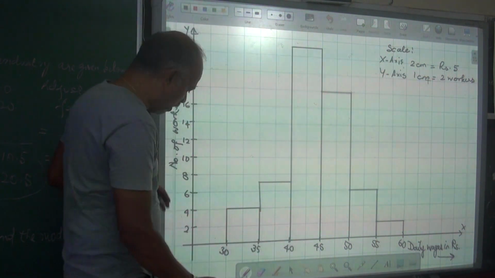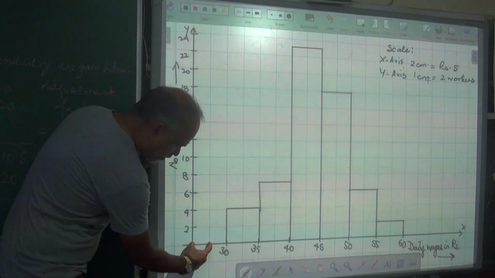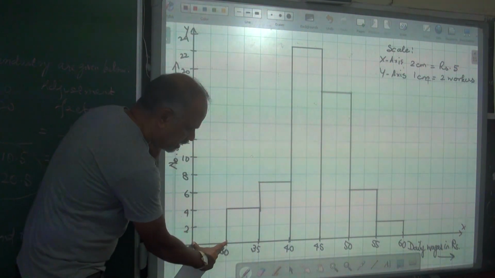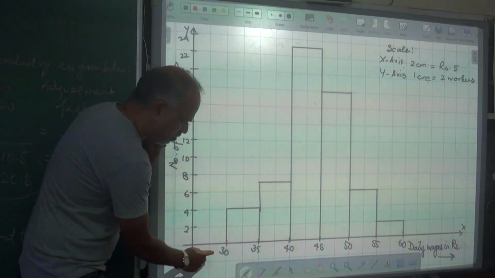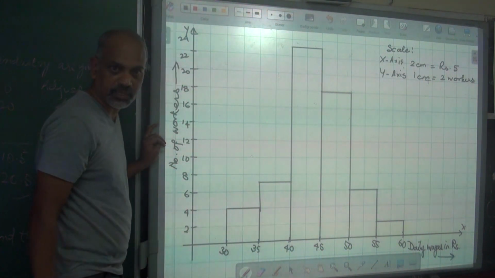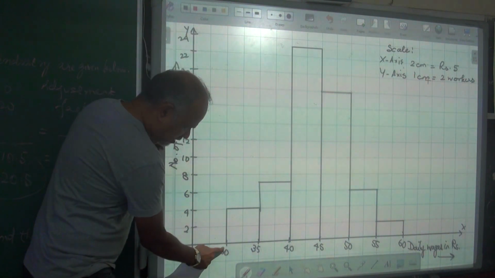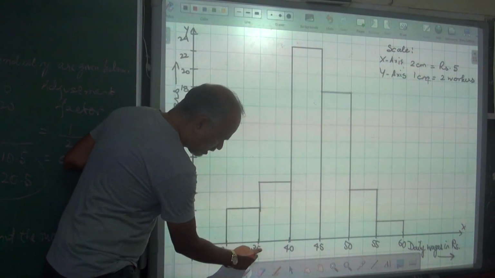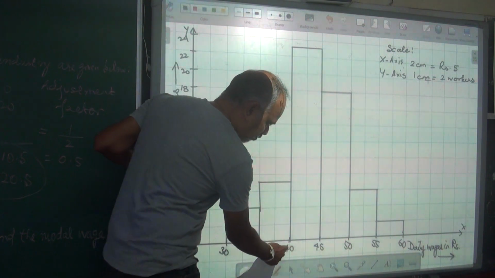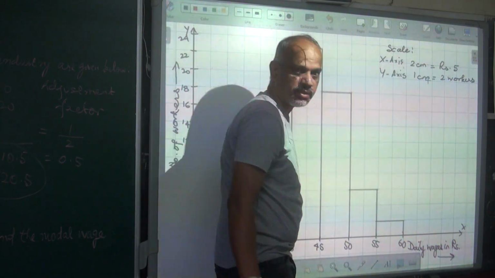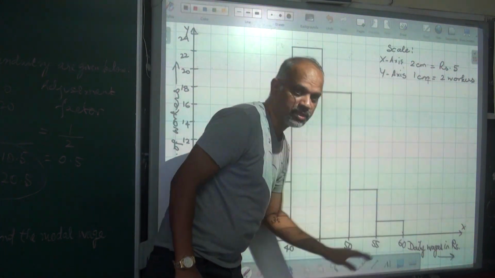So what I have done is, each of this is 1 centimeter, 1 centimeter, 1 centimeter, together is 2 centimeter. Every 2 centimeter I have divided as 5 units, because the difference in the class interval is 5. So first is 30, after 2 centimeter 35 I mark, after 2 centimeter 40, 45, 50, 55, the last value was 60. These are plotted first.